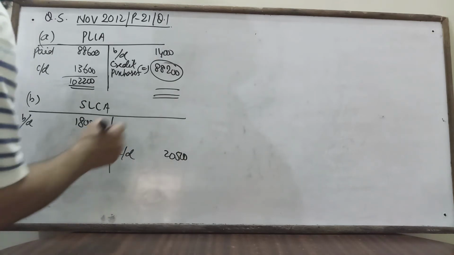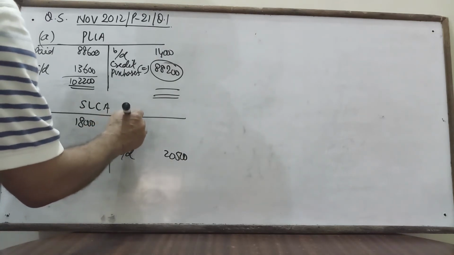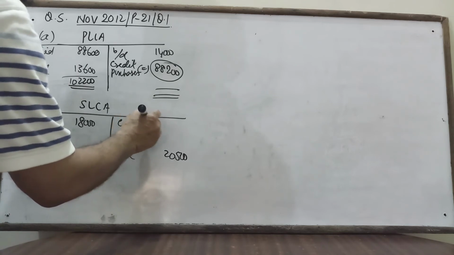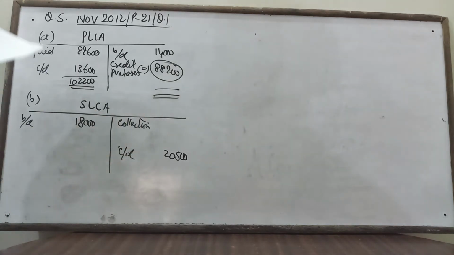The collection from accounts receivable is given in the cash book: receipts from credit customers 132,900.